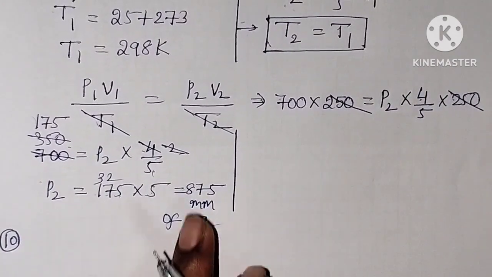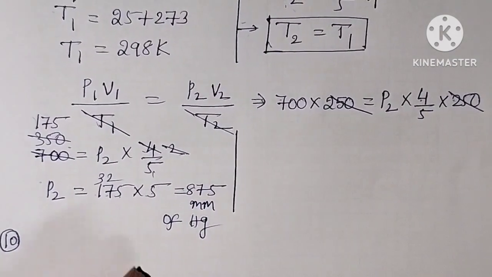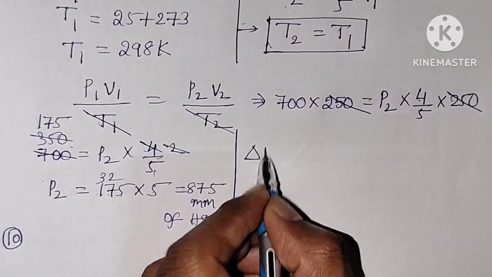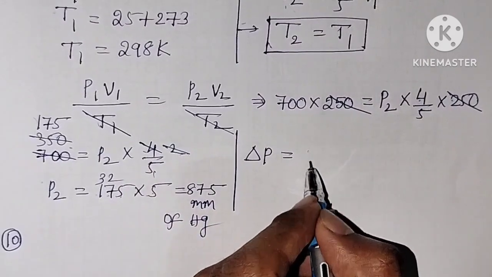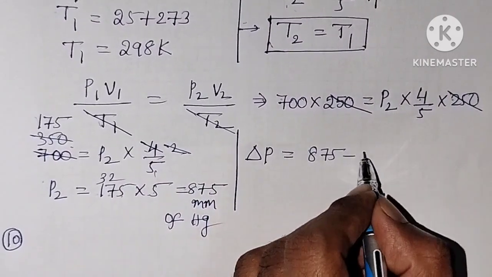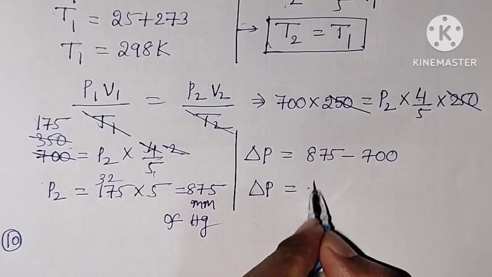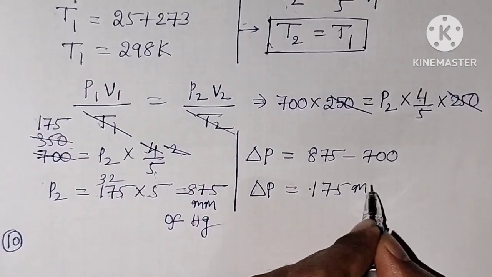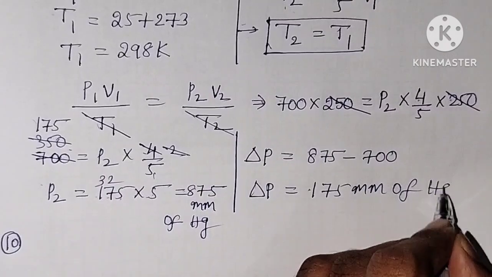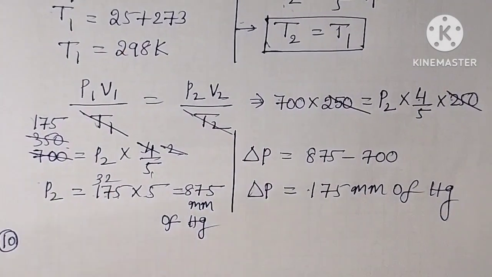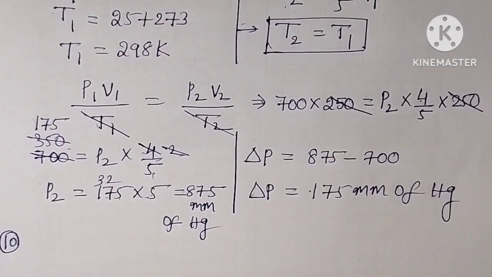So the P2 value is 875 mm of mercury. Now we want delta P, which is P2 minus P1. P2 is 875, P1 is 700. Delta P, the additional pressure required, is 175 mm of mercury. So this is the final answer, 175 mm of mercury.